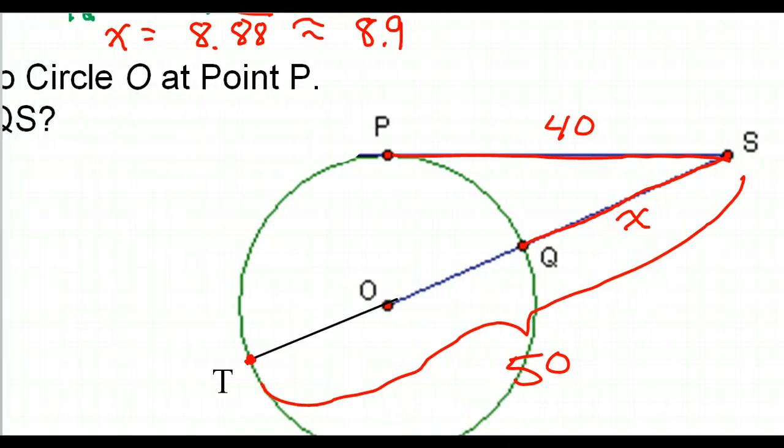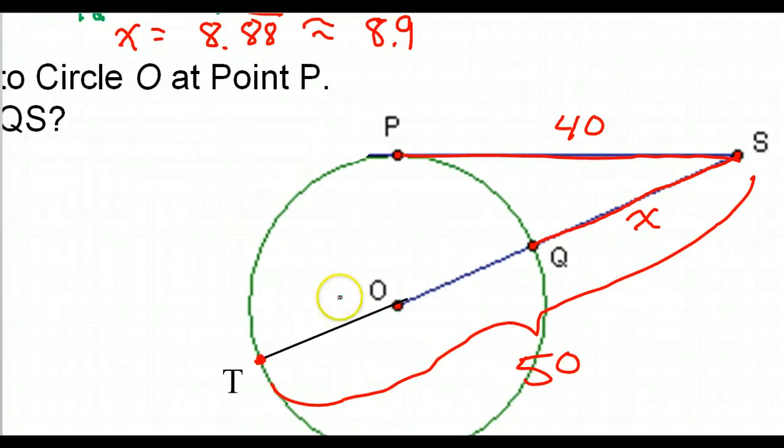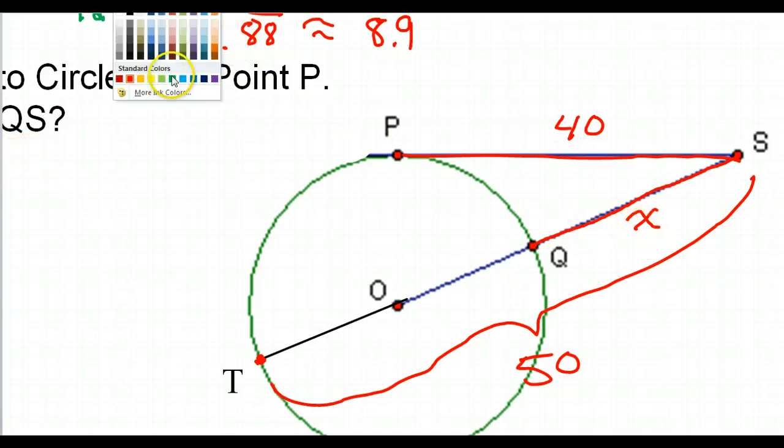Now, having said that, be careful. Many students have trouble visualizing the fact that this 50, this segment TS, is the whole. They get so used to doing x plus something, or sometimes I'll see kids do x minus 50 or 50 minus x. None of that is going to be necessary. When we do part times whole, guess what?